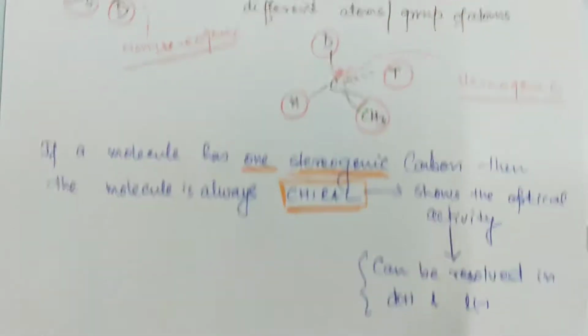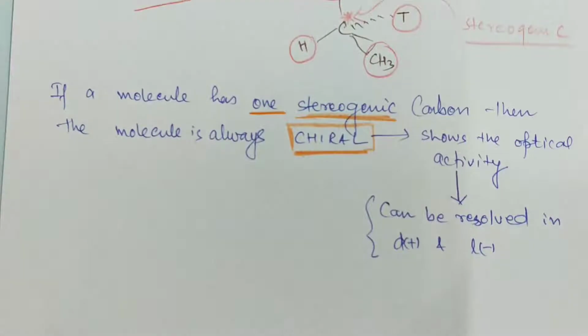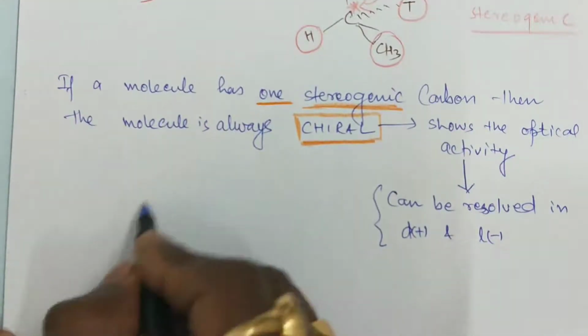Means if a molecule has one stereogenic carbon, then the molecule is always chiral, means it shows optical activity. In other words, you can resolve the two different isomers, dextro and levo.